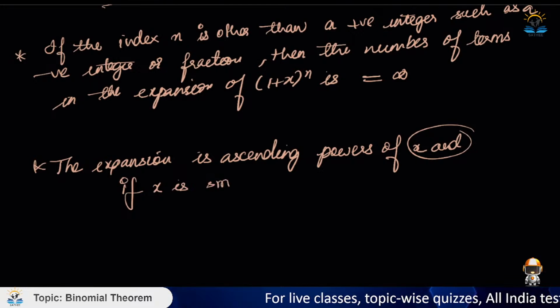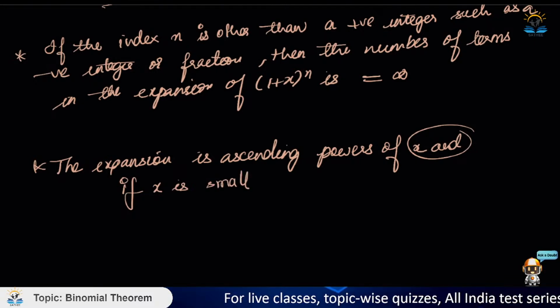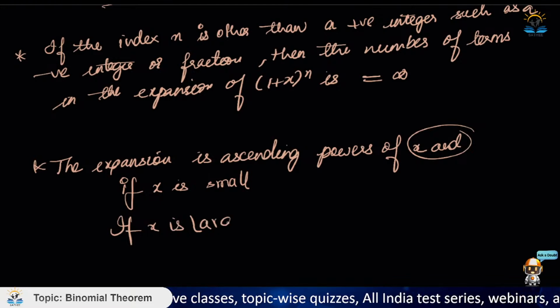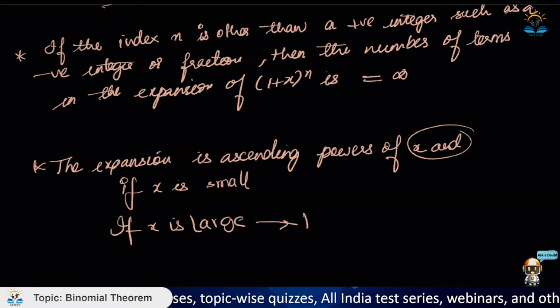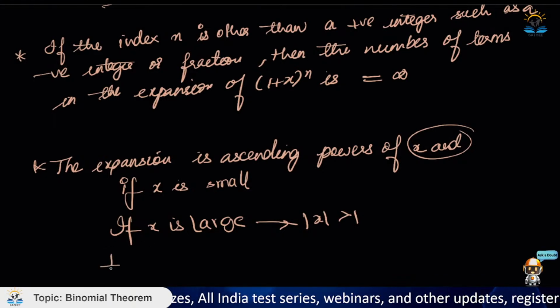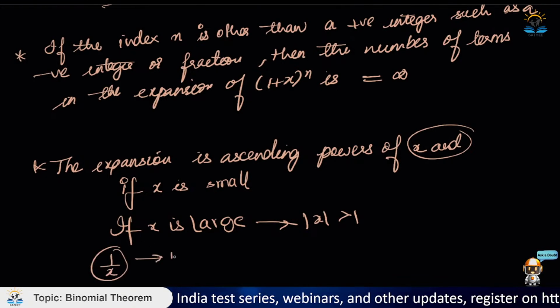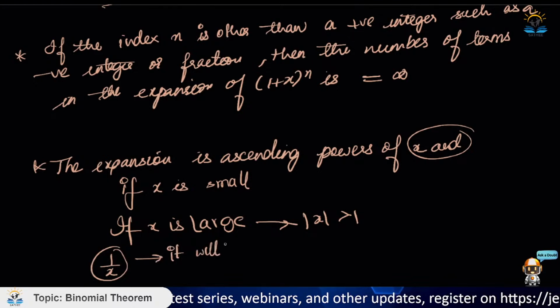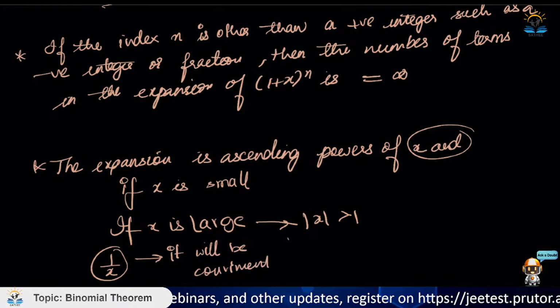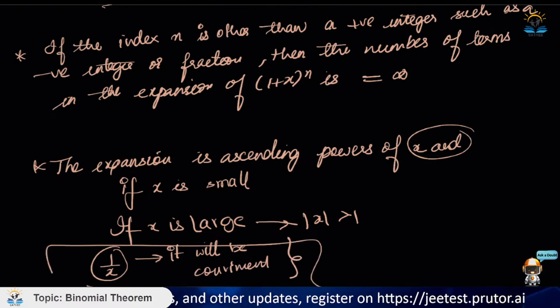Basically it is valid only if x is small, and if x is large, that is x is greater than 1, then we can say it is convenient to expand in the powers of 1/x.